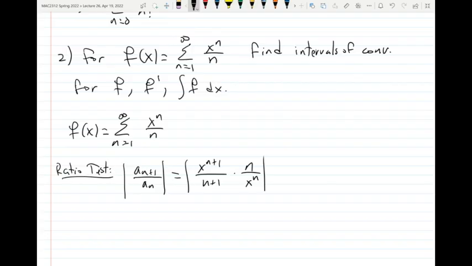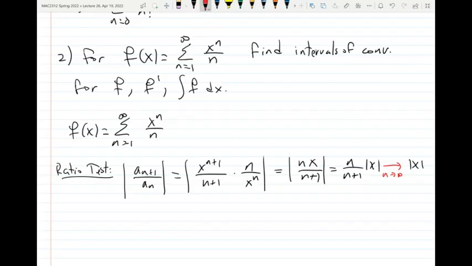Everybody is familiar with this already, yes? So this simplifies to what? We're going to have n times x over n plus 1, right? So we have an x on top, and then the n and the n plus 1 stay. So you get n over n plus 1 times absolute value of x. And what's the limit of this as n approaches infinity? 1 times absolute value of x.